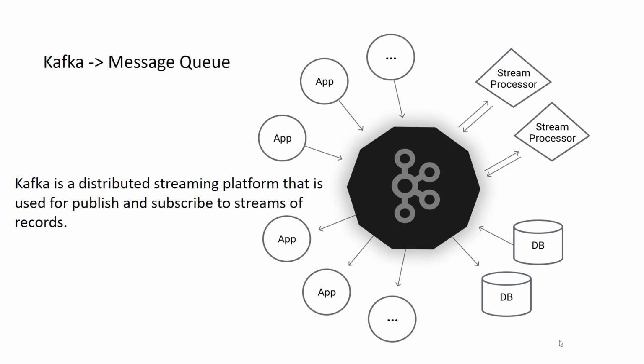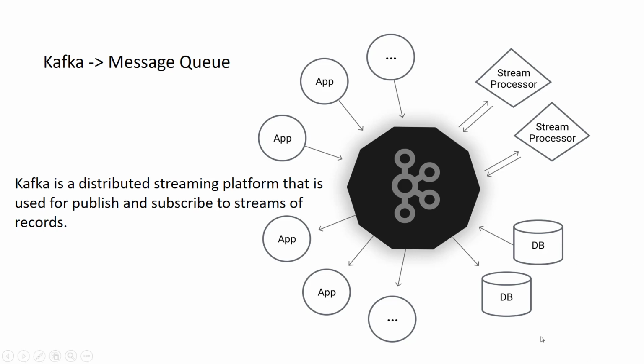So that is why the message queue comes in, and Kafka is the most famous message queue that we are using nowadays. You could say that Kafka is a distributed streaming platform, which means we are streaming messages. We send streams of records from one microservice, and another microservice, which is a consumer, consumes these messages.